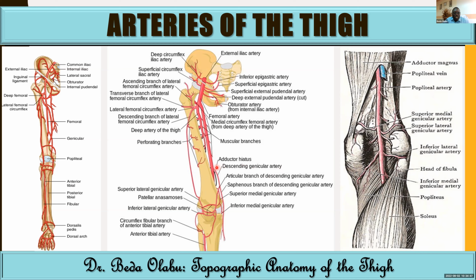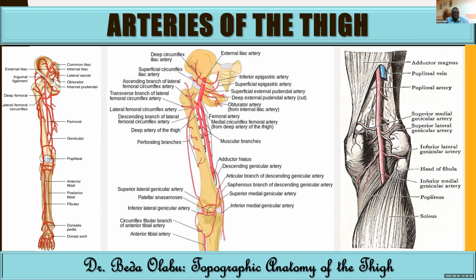So the descending genicular branch is a branch of the superficial femoral artery just before the artery disappears through the adductor hiatus together with the superficial femoral vein. Remember, when it disappears through the adductor hiatus, it becomes the popliteal artery that we'd already talked about.